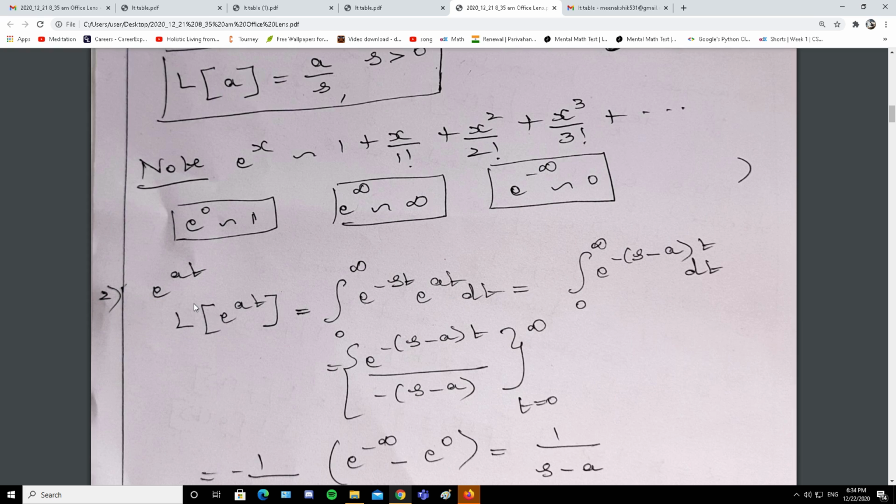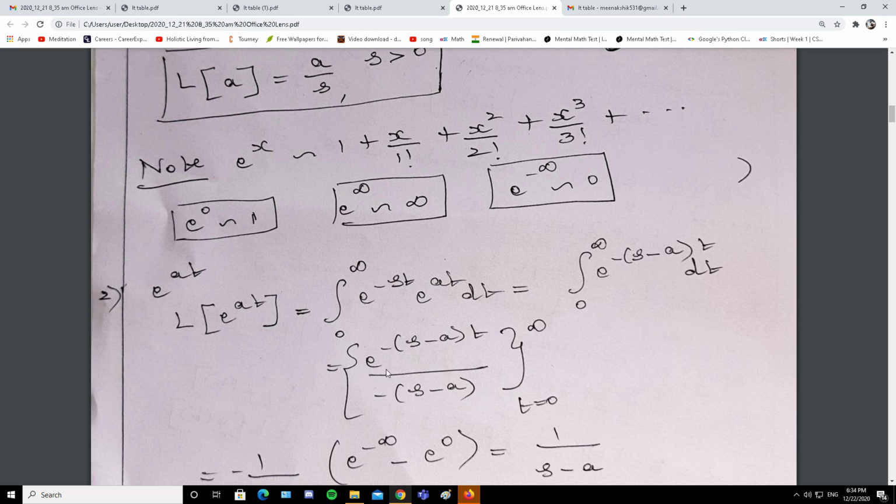We have used this in many problems. Now the second standard function is e power at. So Laplace of e power at is integral 0 to infinity, kernel e power minus st, and f of t here is e power at, dt. It is the same as integral 0 to infinity e power minus of s minus a, t dt. s minus a is a constant.